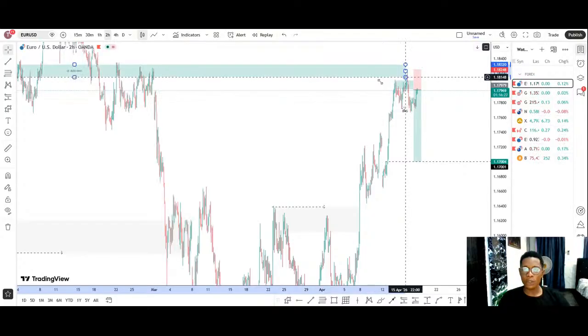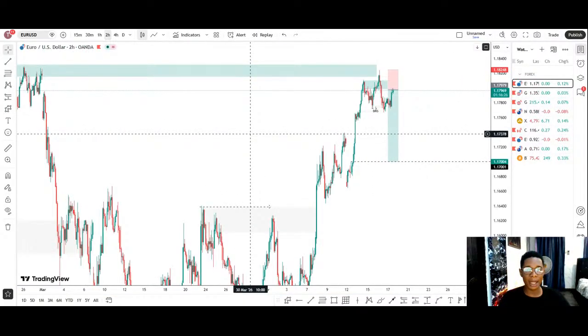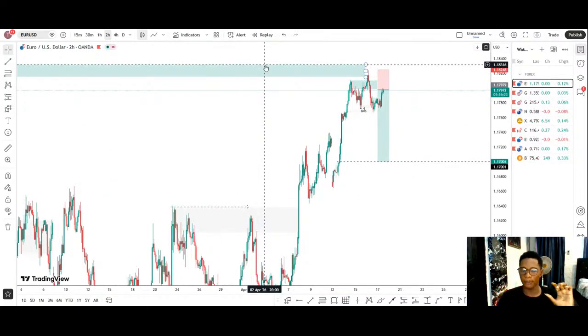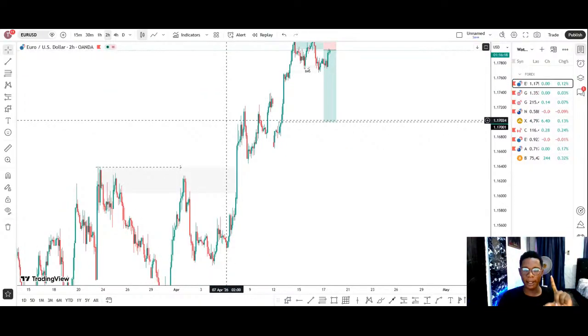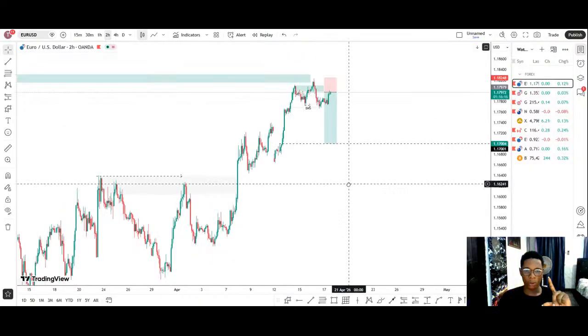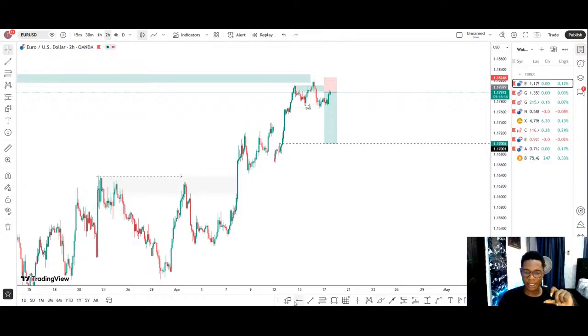When price was retracing back to our daily area of supply, we should not forget this is a daily area of supply. When price was reversing back here, notice price action. Notice what was happening from the 2 hours time frame, which is internal structure.